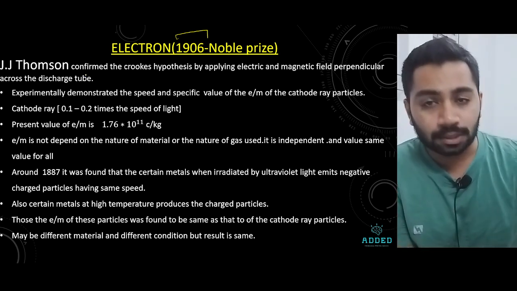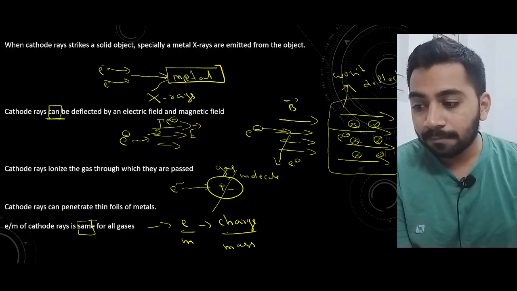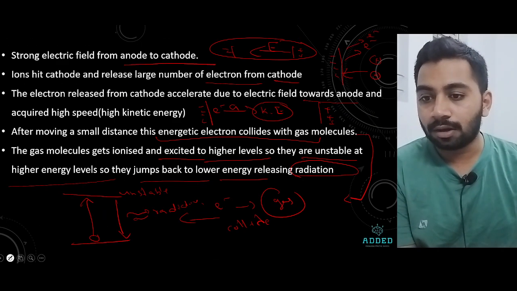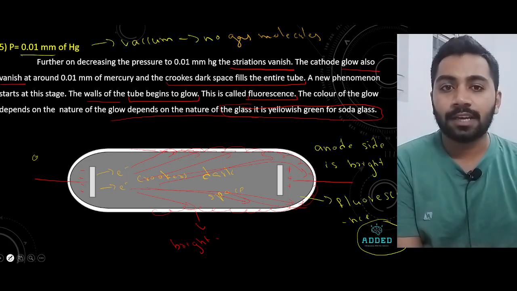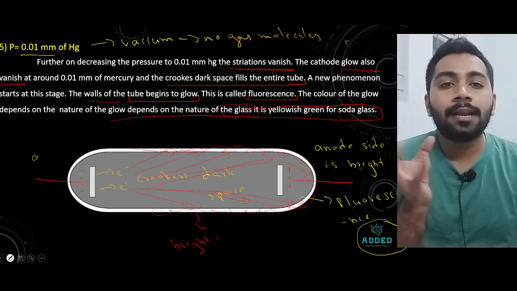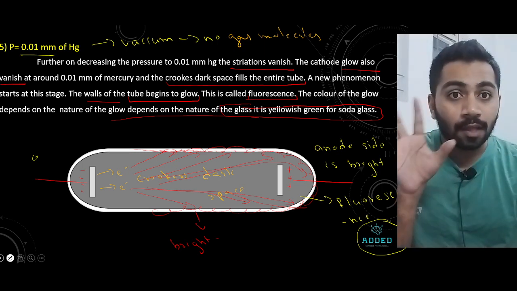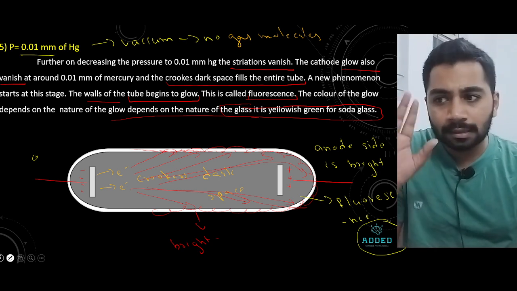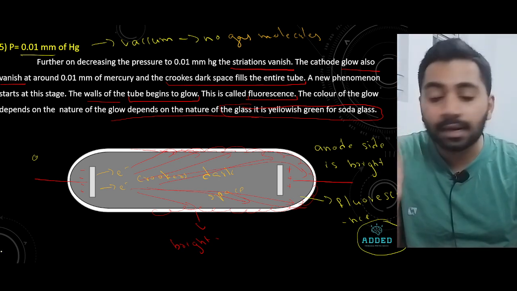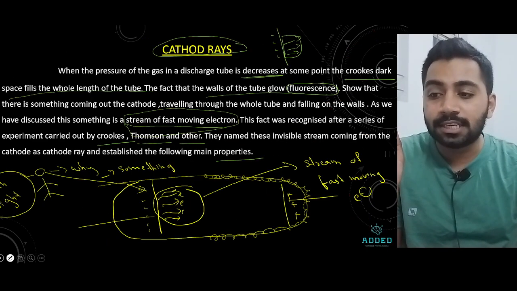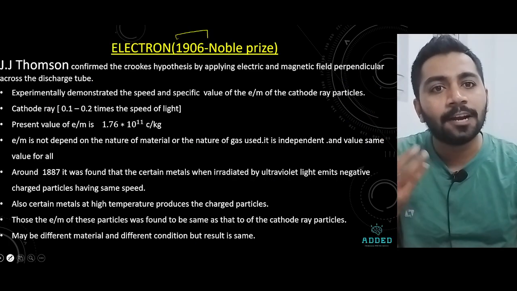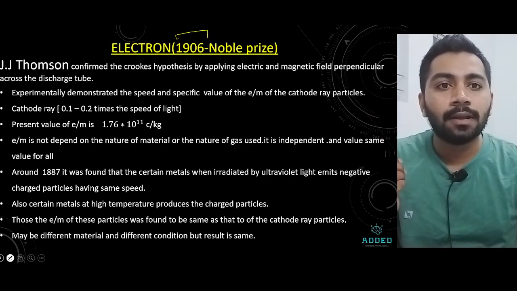Okay, J.J. Thomson. In the last lecture, we got to know that something is coming out and striking, and it shows brightness. Crookes stopped here, but J.J. Thomson got some itching in his mind. He said, you are stopping, I will continue.